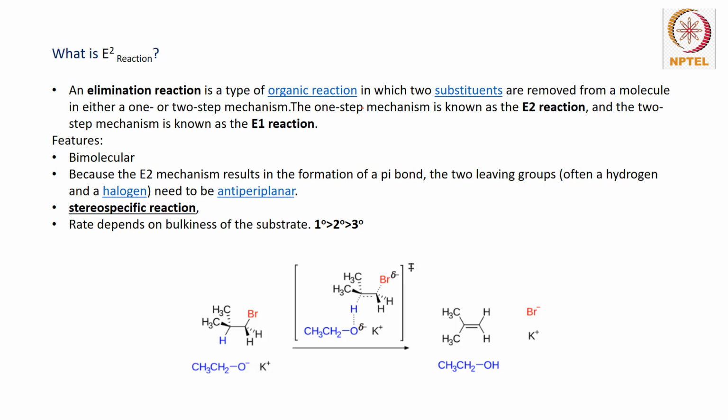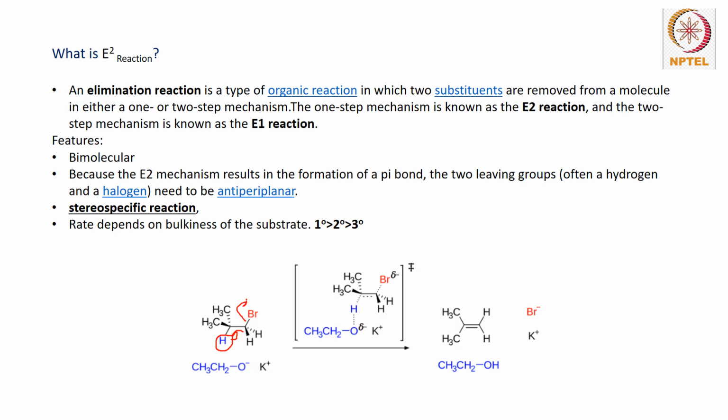What is the difference between substitution and elimination? In case of substitution, the leaving group is substituted by a nucleophile. Whereas in case of elimination, the nucleophile or the base takes up the adjacent proton, and this proton comes here and eliminates the leaving group from the system.